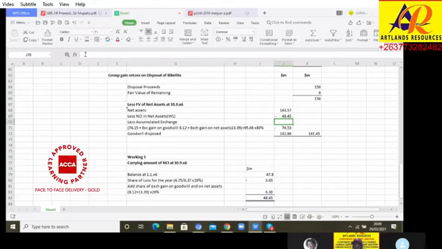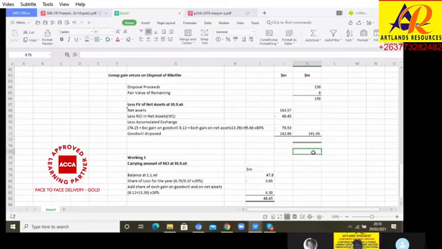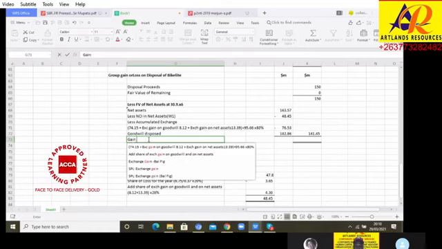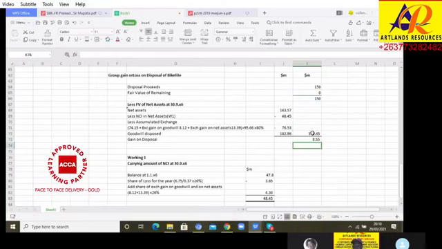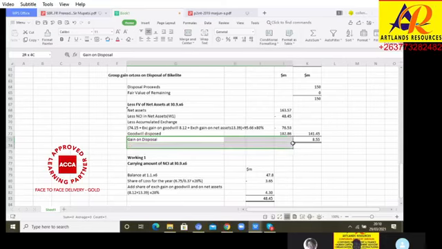It's minus 48,45. Then you do this and calculate gain or loss on disposal. So there was a gain on disposal of equals 150 minus 141, which is 8,55. So this is what they want us to calculate. That's the 3-mark part of it.